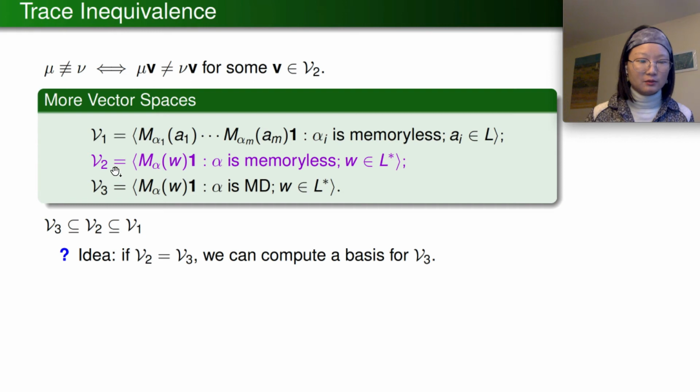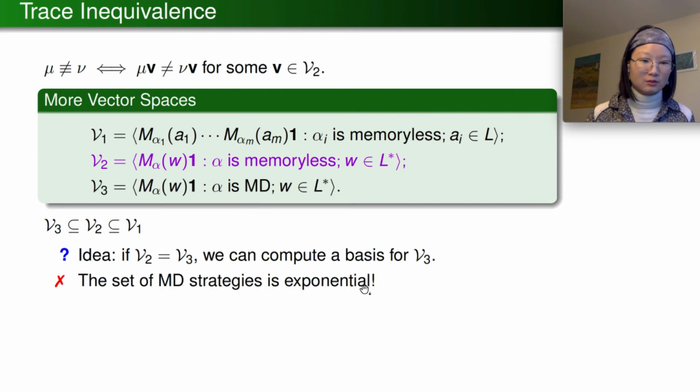If we can prove the vector spaces V2 and V3 are the same, then a basis for V3 would be a basis for V2. And as we only allow MD strategies for the vectors in V3, to compute a basis for V3, we only need to go through all the MD strategies. But there's also a problem with this idea. That is, the set of MD strategies is exponential, which gives rise to an exponential algorithm. So can we do better?